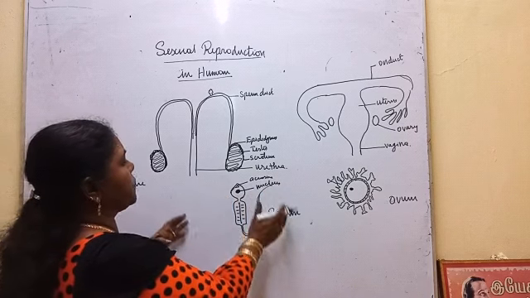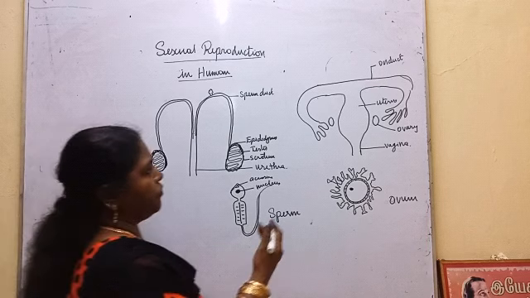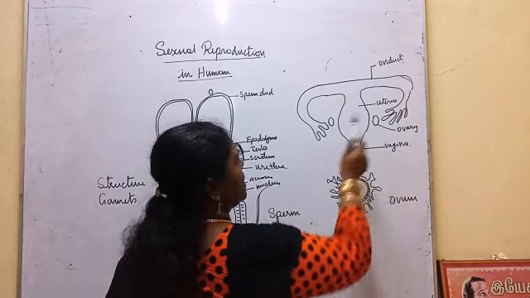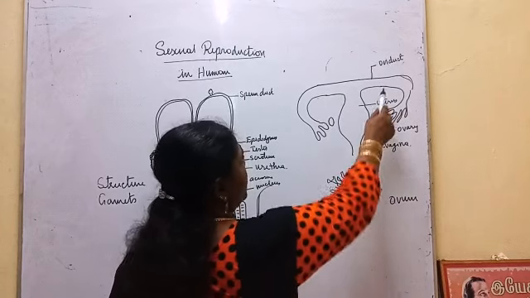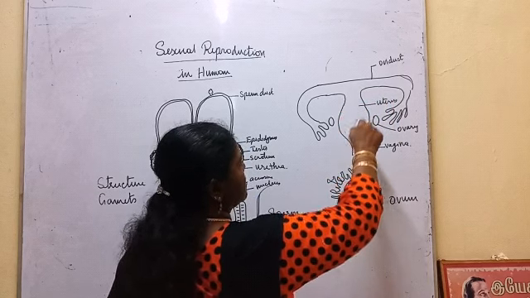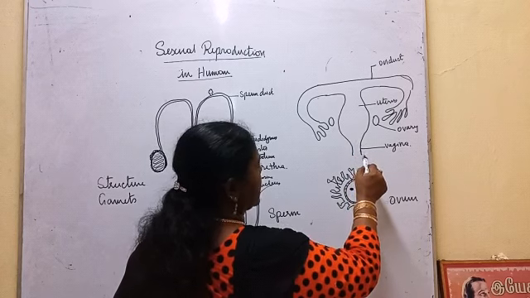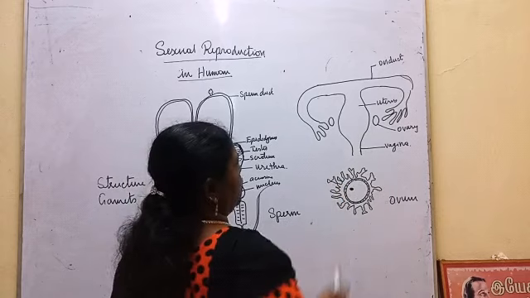So the male gamete sperm is produced in the male reproductive system. Then the female reproductive system. It consists of a pair of ovaries, a pair of oviducts. The oviducts are fused with a sac-like structure called uterus. The uterus is connected with the tubular structure vagina. Okay.